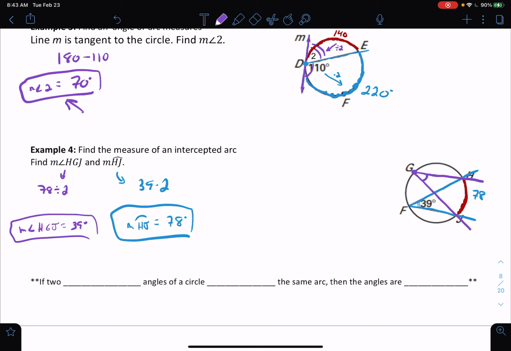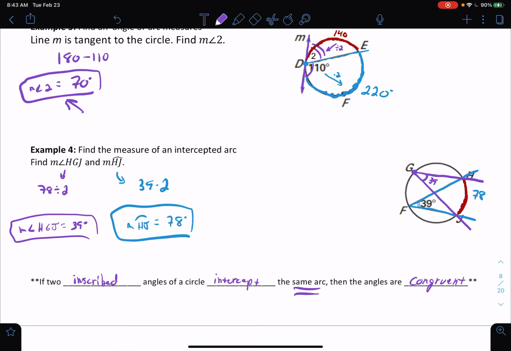Notice both of these angles were 39, which means those angles were congruent. Those angles both captured the same arc. So if two inscribed angles of a circle intercept the same arc, those angles are congruent.